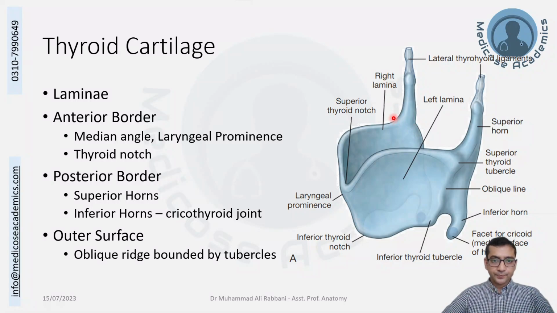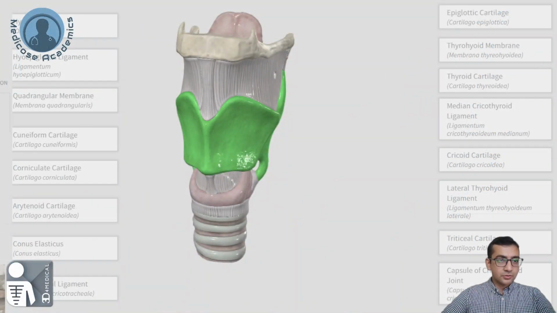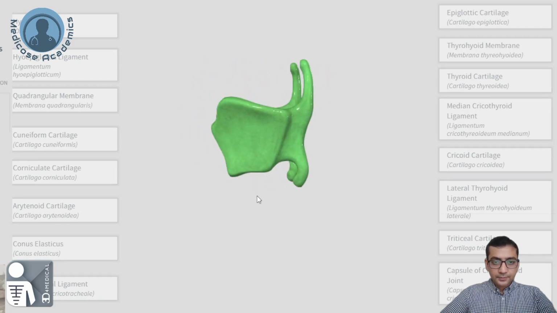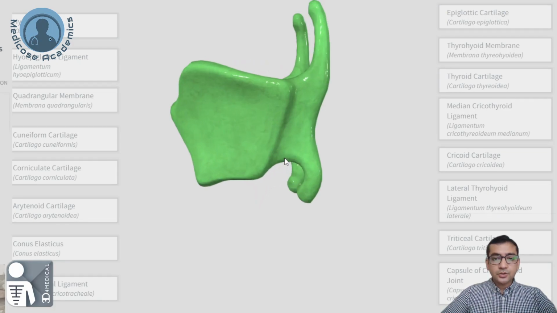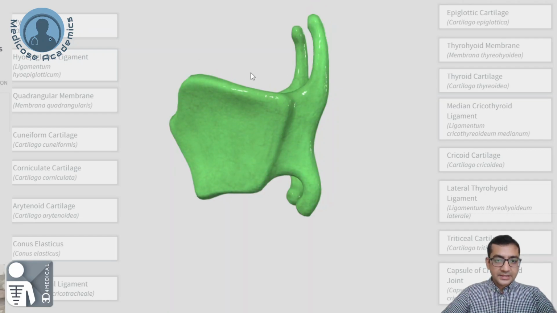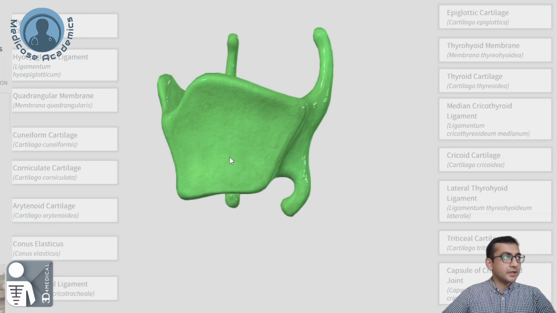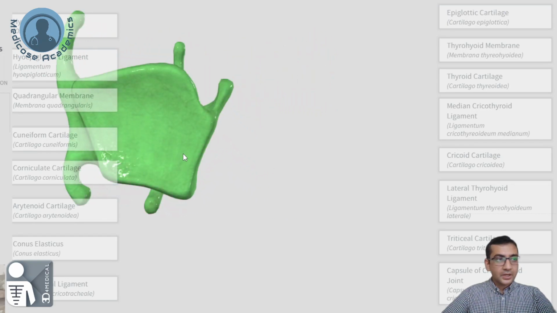Thyroid cartilage. Let us talk about it here on the 3D model, then we will revise there also. Let us isolate it. This is the thyroid cartilage. Thyroid cartilage consists of two large surfaces, the laminae. This whole plate is the lamina of the thyroid cartilage.